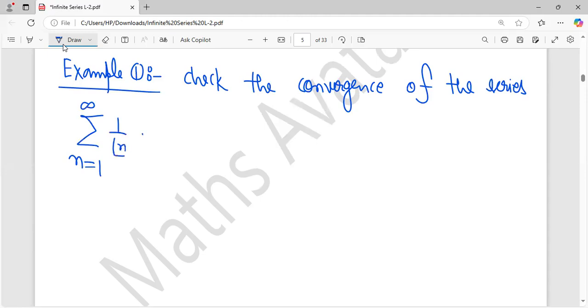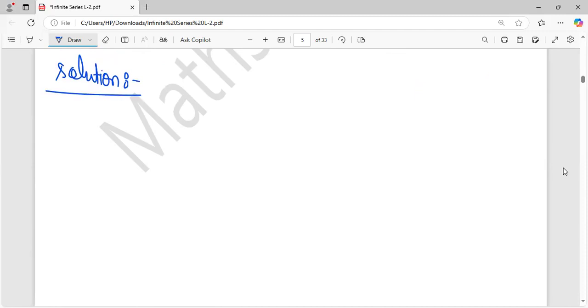So, solution. Now 1 upon factorial n is less than or equal to 1 upon 2 to the power n minus 1, for all n belonging to N.